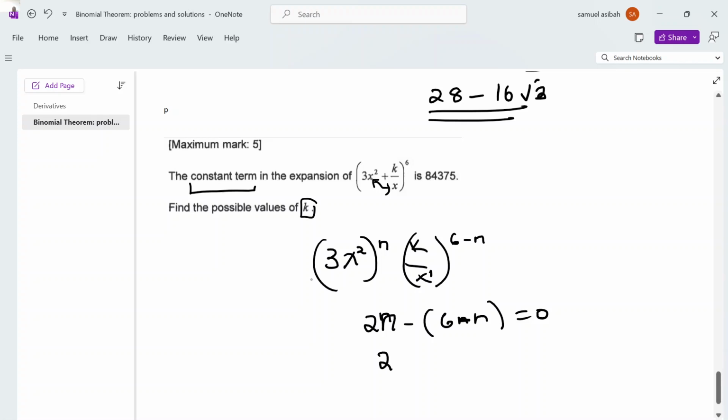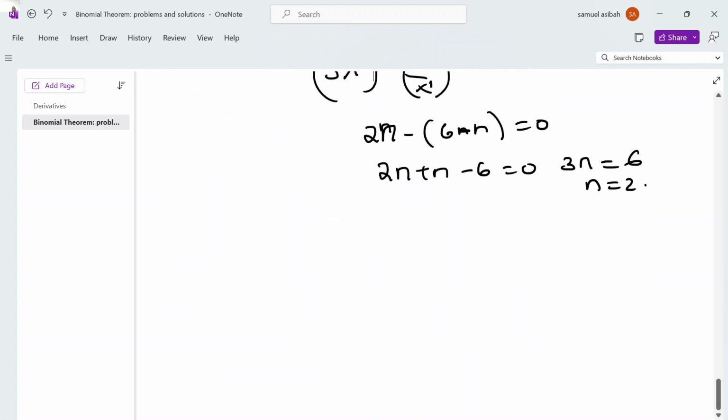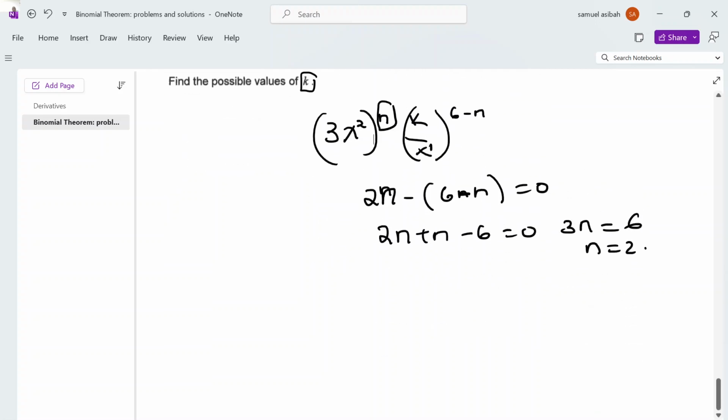So we have 2n plus n minus 6 equals 0, which means 3n equals 6. So n equals 2. So when our n is equal to 2, how can we rearrange our function?